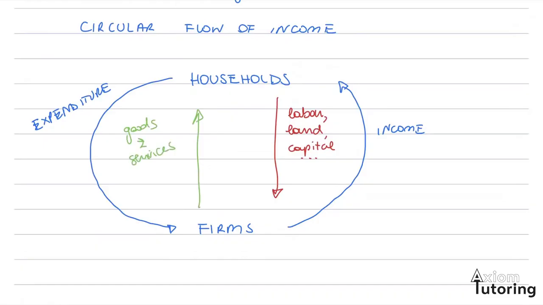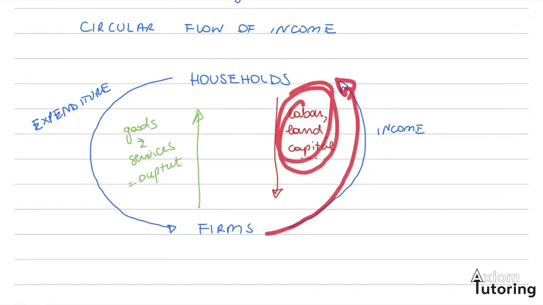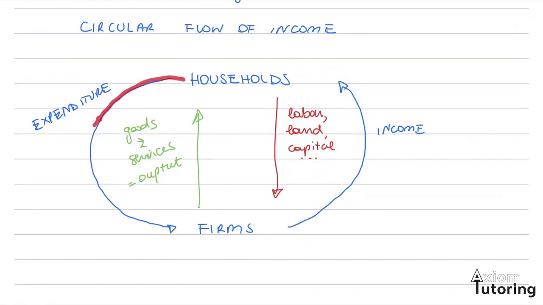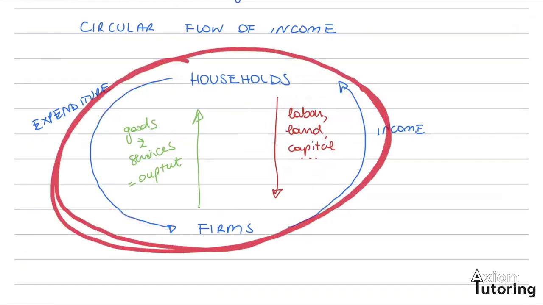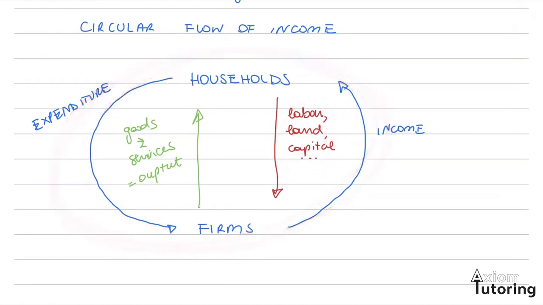And specifically, this side is where we define output. We know that goods and services define output in general. Again, this allows the firm to have the money to employ the factors of production, give income to the household, who's going to have the money to buy goods and services. And it just becomes a spiral. It just becomes a continuous flow.